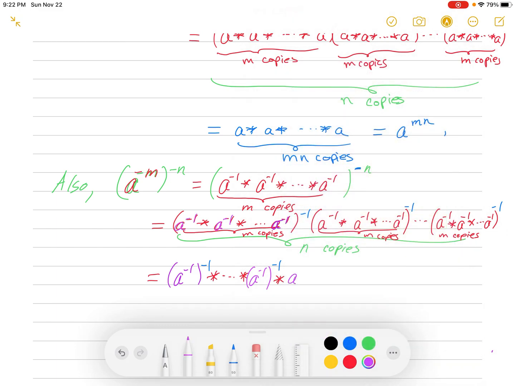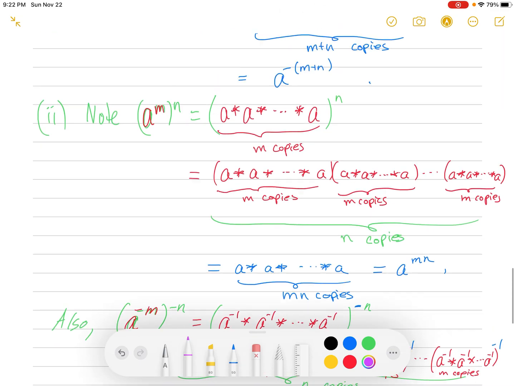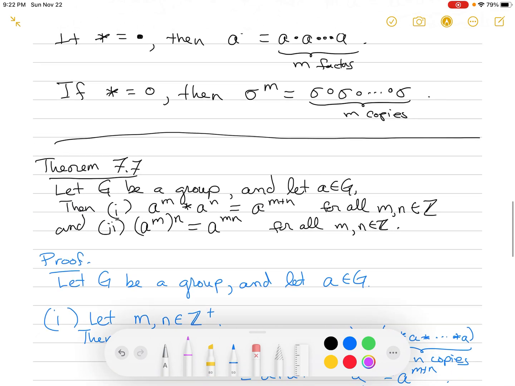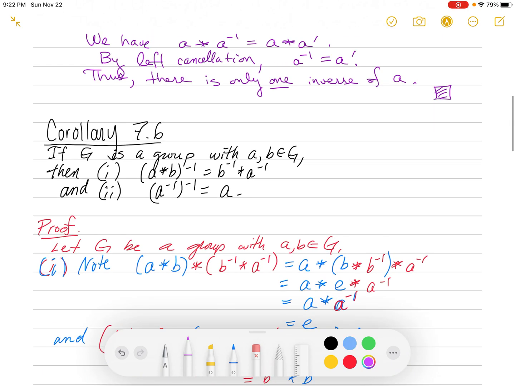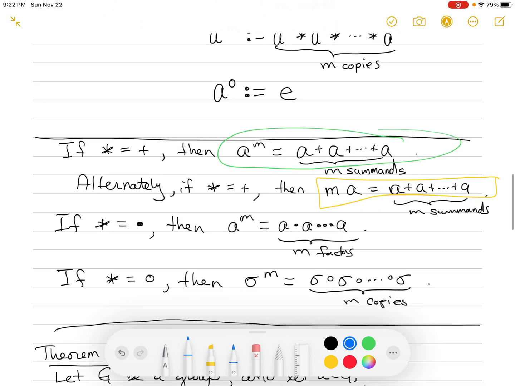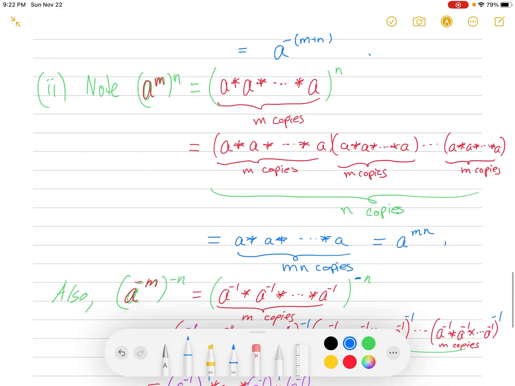We have to do it in reverse order. That's what Corollary 7.6 said: you do your inverse when you're doing the star in reverse order. Remember, if I have A star B inverse, I have to do B inverse, A inverse, in reverse order. That's what I'm doing right now.